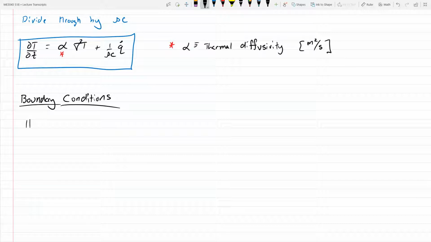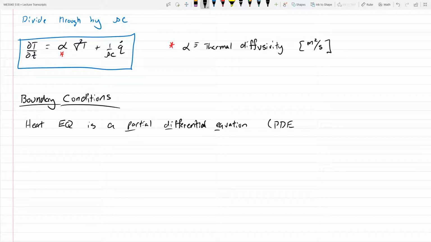The heat equation we've established is a partial differential equation, or in mathematical parlance, a PDE. It's a second order differential equation on x, y, and z. So it has second partial derivatives on all the spatial coordinates.